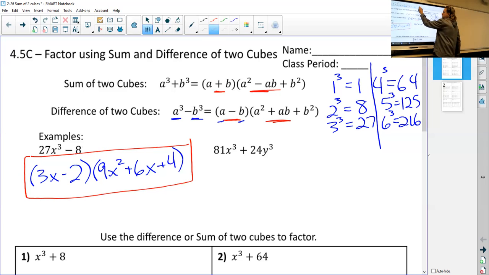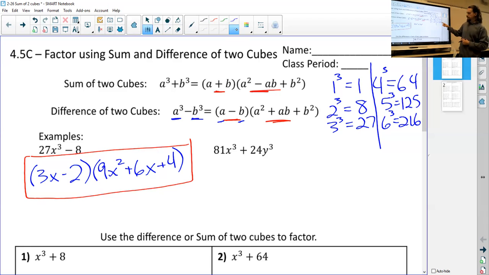So our second one, we see 81x to the third plus 24y to the third. You might see 81 and think it sounds like a perfect something or other. So 81 is a perfect square, but it is not a perfect cube, which means this rule wouldn't work, right? But we have to be able to do something with it. So what can I divide 81 by that'll get me back to one of the numbers on my list?